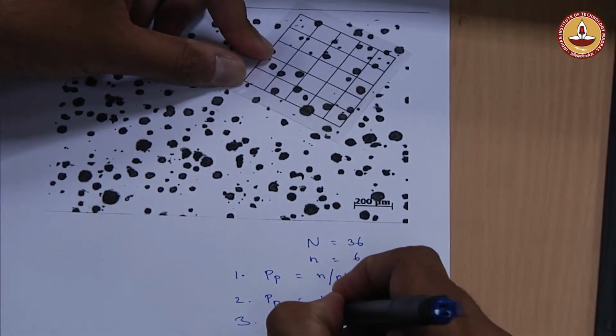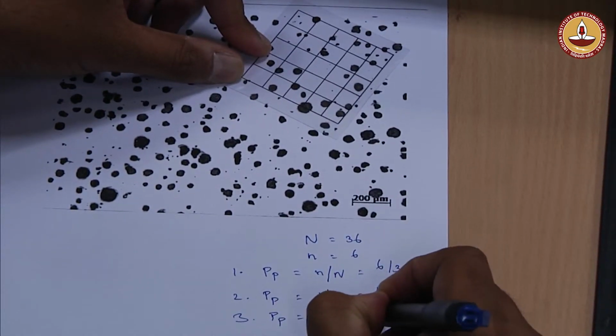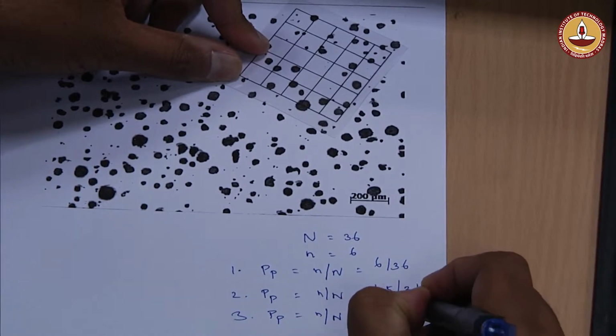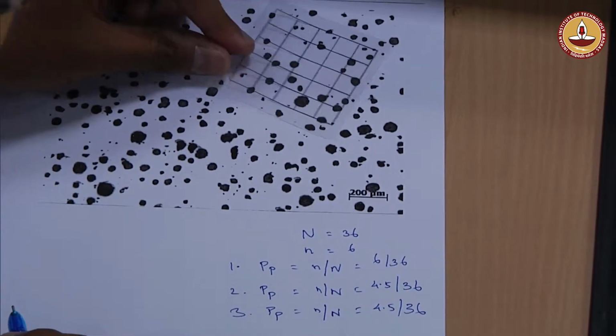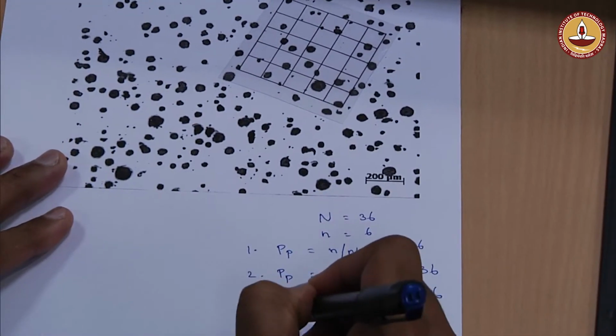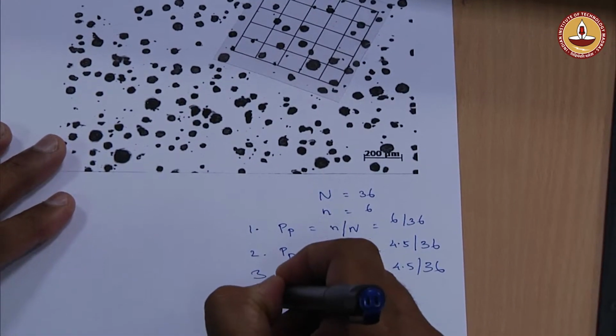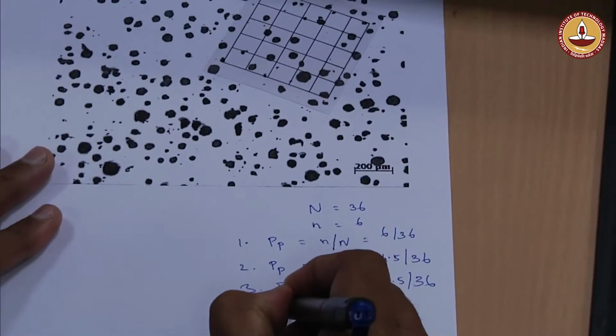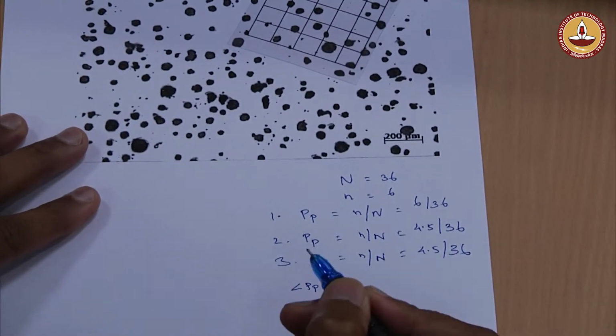So n by capital N is equal to 4.5 by 36. Like that, when we take the average of all these PP values, we will get the average point fraction, as the professor has written.